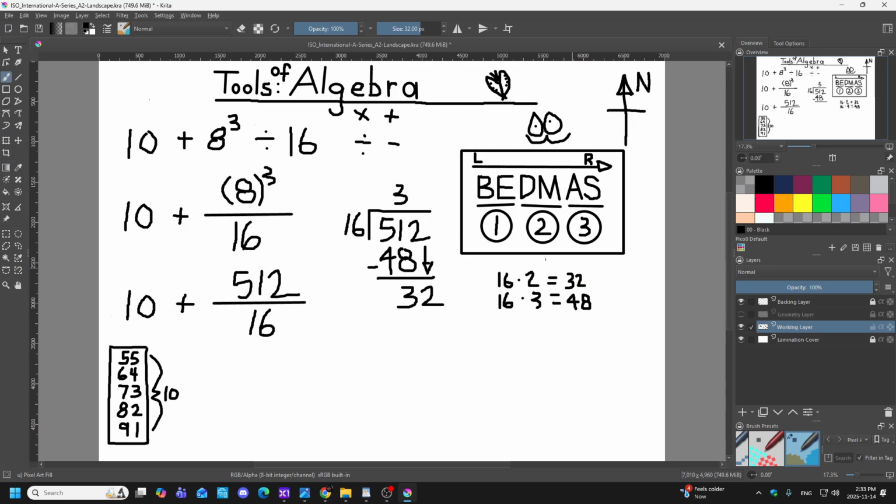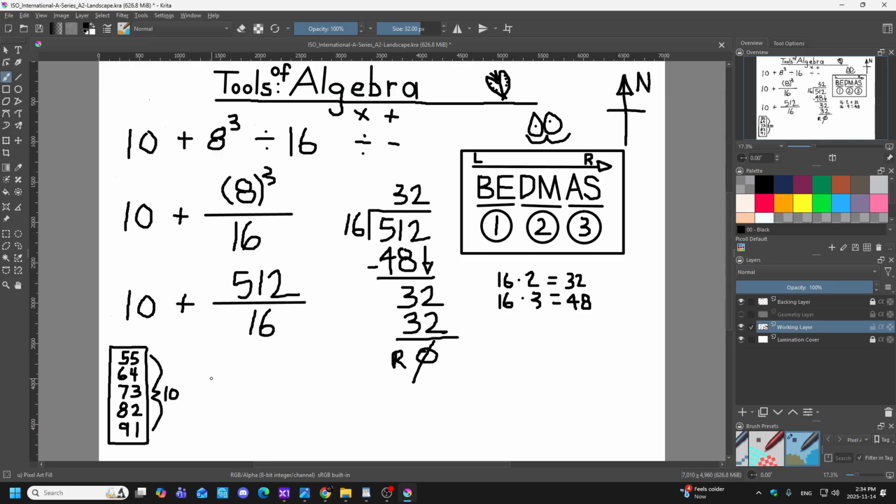We've already figured out what 16 times 2 is, 32. So I'm going to go 32. And we're going to end up with the remainder of 0. So that means 16 times 32 is 512.